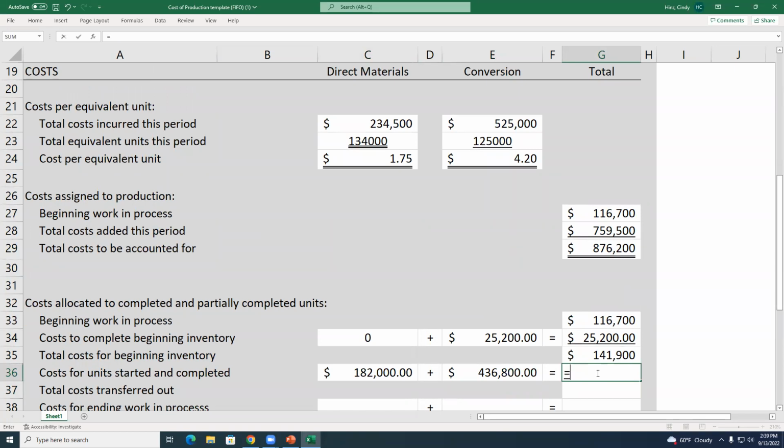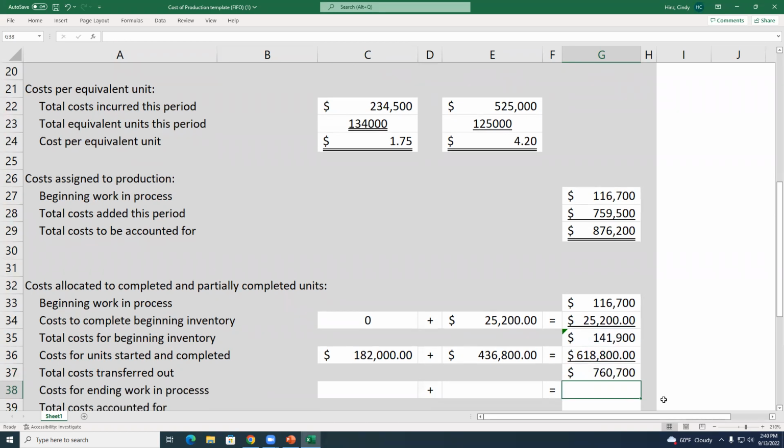And then we just need to add across. The next line says total cost transferred out. So that's going to include the beginning inventory, $141,900, plus the cost for the units started and completed, $760,700 total. That's the dollars that were transferred out of this department and into whatever comes next.